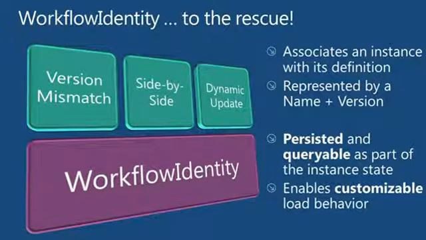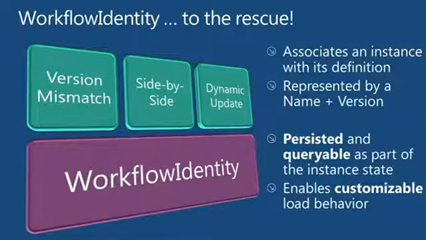Or how many version 3 workflow instances do I have that were canceled or terminated? So you can actually go query on all that part of the instance state, and we actually allow you to effectively customize the behavior of the host. So in the case of workflow application, when you actually load an instance from disk, you can then look at the workflow identity and be able to make some decisions based on that.